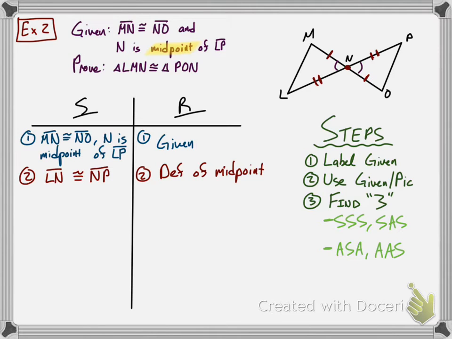So we're going to write that angle LNM, that's the angle on the left here, is congruent to angle PNO, that would be the angle on the right, and our reason here is that they are vertical. Again, that's another term and theorem from chapter 1.